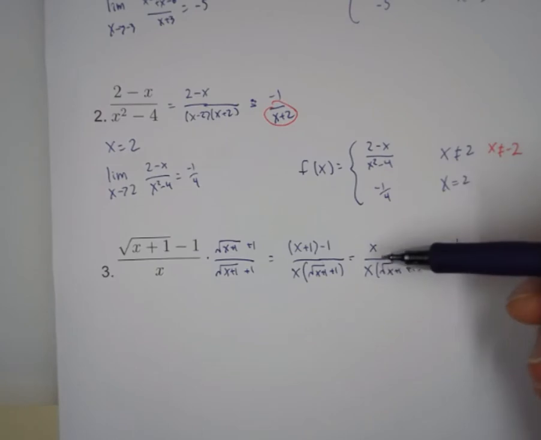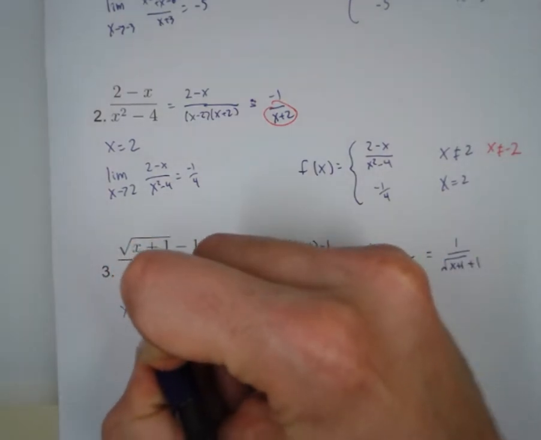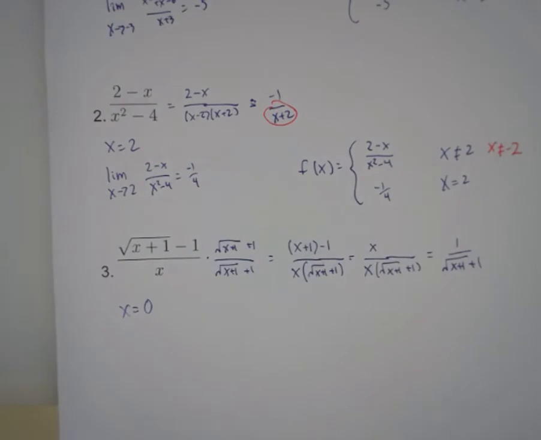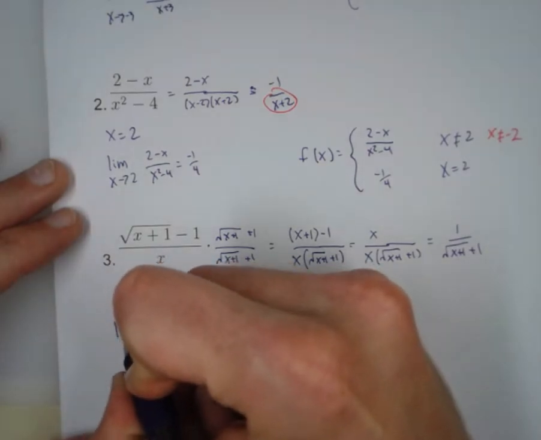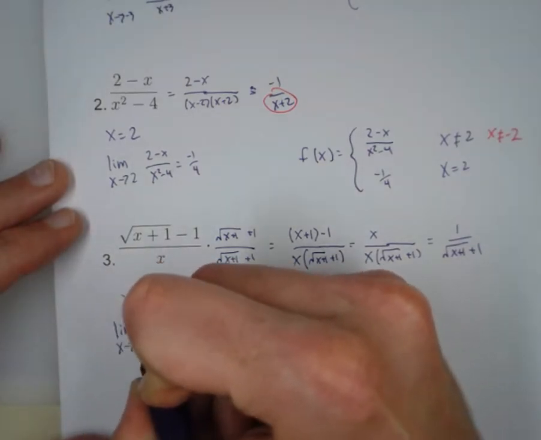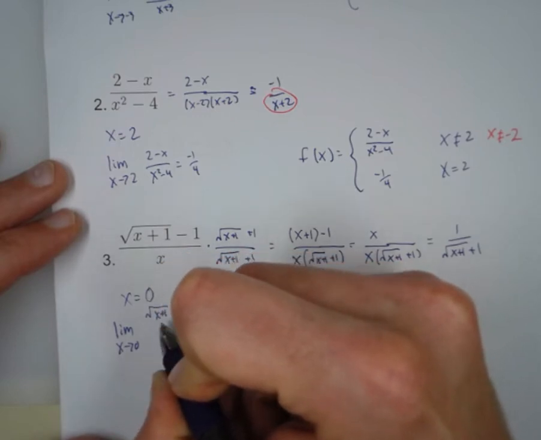And so what we canceled out was x and x, which means that's where the removable discontinuity took place. And so now the question becomes, all right, what's the limit as x approaches 0 of this function, square root of x plus 1 minus 1 over x?